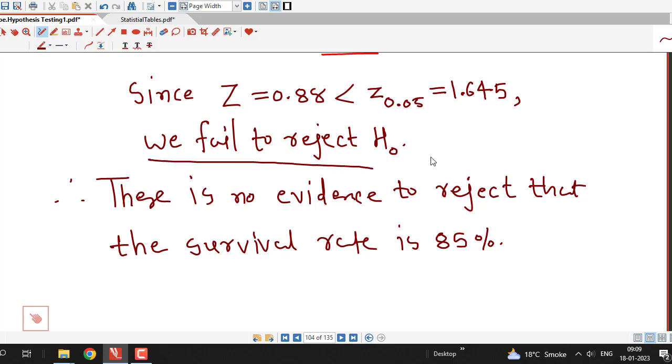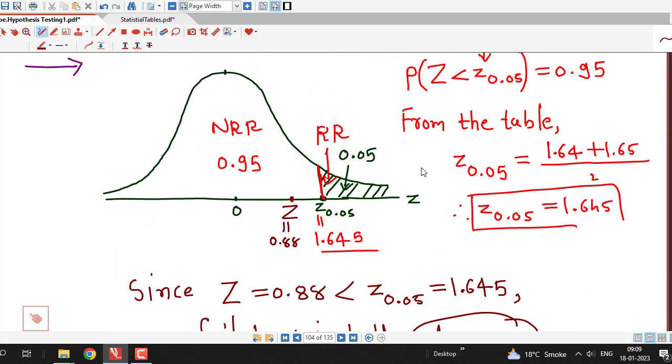We fail to reject the null hypothesis. The null hypothesis is that the population proportion is 0.85. So we fail to reject this statement. That means we have no evidence to reject that the survival rate is 85%.